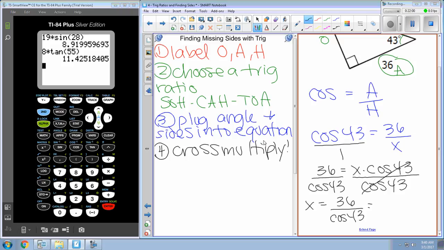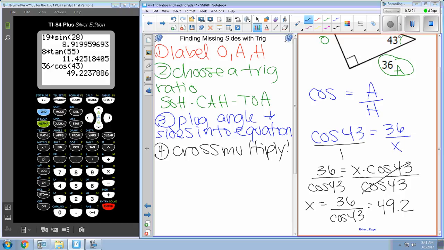When you type that in your calculator, you can do 36 divided by cosine of 43 and hit enter. Okay, you should get 49.2 out of your calculator. If you do not get that, again, please let us know so that we can help you.